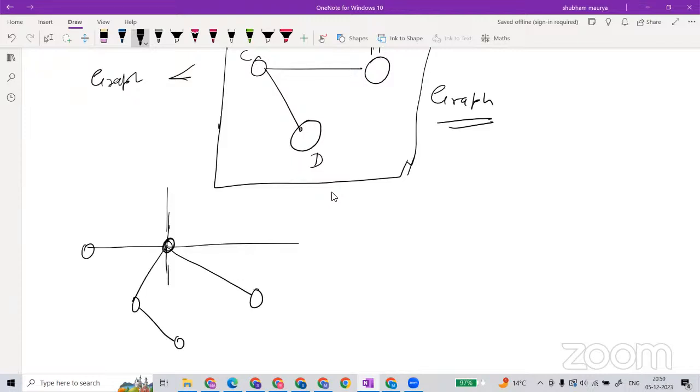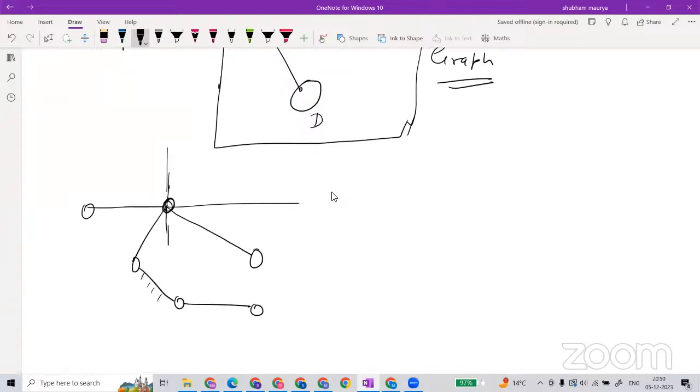These sides are rooms, and these are the corridors. If you want to install cameras, at which places do you need to install them so that the minimum number of cameras is used? This is one real life example of graph theory.